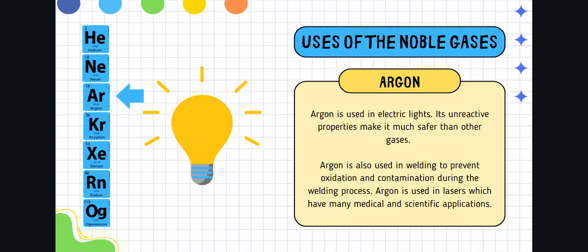Oxidation just means the eating away of metal due to oxygen, and I'm sure all of you already know what contamination means. Another less commonly known use is in lasers, which have many medical and scientific applications. So argon is one of the more useful noble gases.